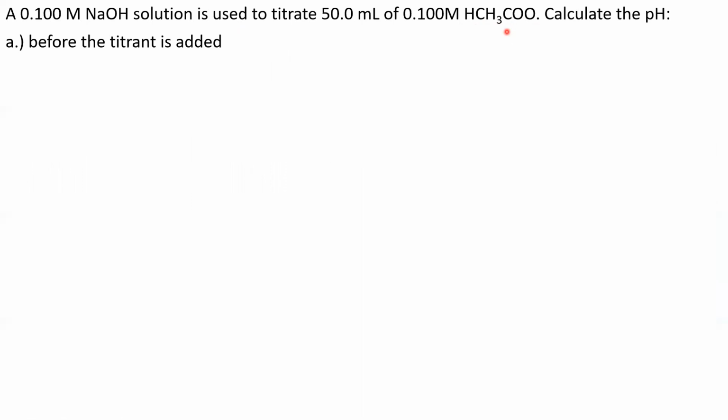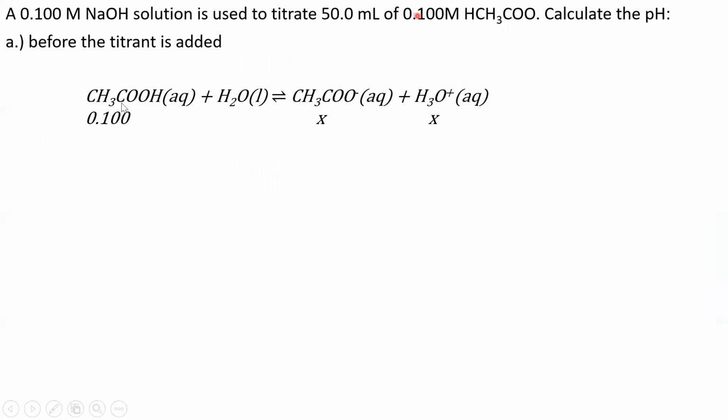Since it's a weak acid, we're going to have an equilibrium that's going to be established. So we've got our acetic acid reacting with water. We're producing acetate and hydronium. We start out with 0.100 acetic acid, but it doesn't all react. Only a little bit of it does. So we're going to have conjugate base and hydronium left in the solution.